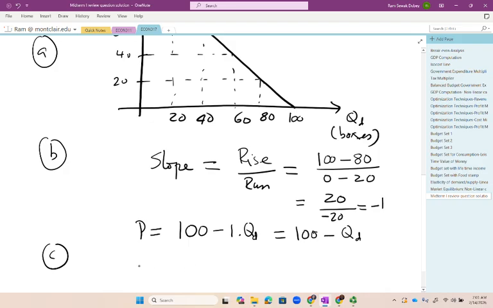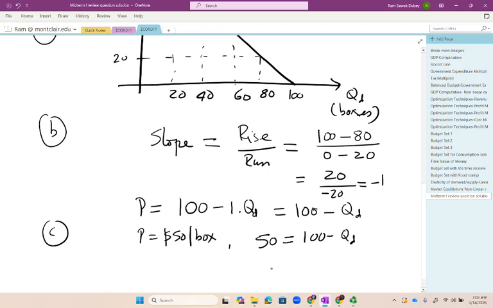So here price is given to be $50 per box, which means the quantity I need to find out. So 50 is the price, 50 = 100 minus QD.